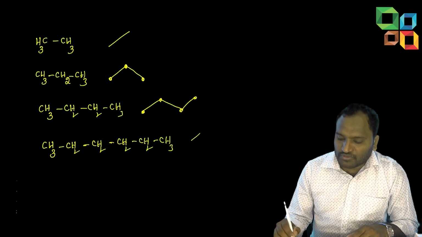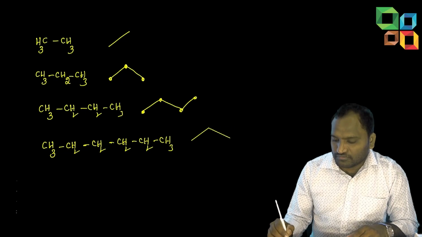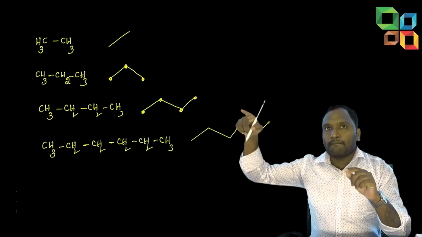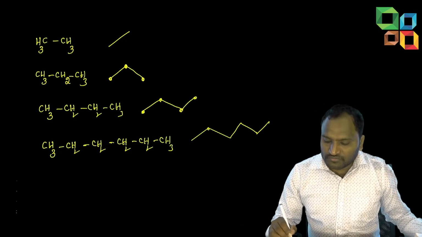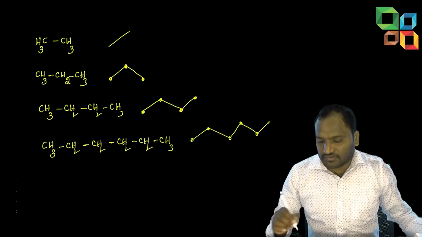Six carbon atoms are there: 1, 2, 3, 4, 5, 6. Like this, you have to create corners so that we can make out the number of carbons. Each corner represents one carbon.